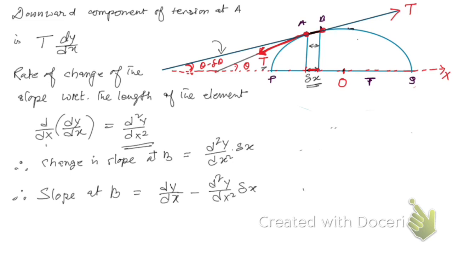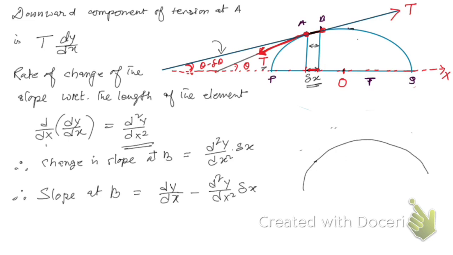So here you see, let me draw the diagram again. This is at A, this is at B. Tension at A is in this direction, tension at B is in this direction, right? And this tension can be resolved into two components this way.